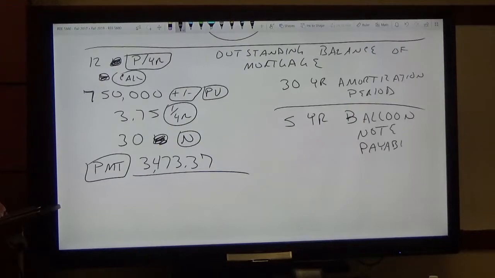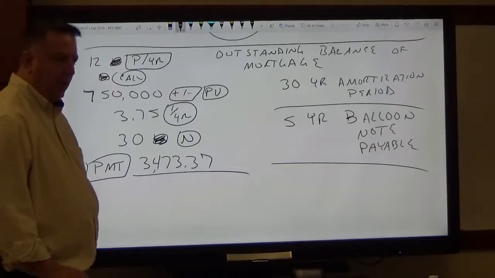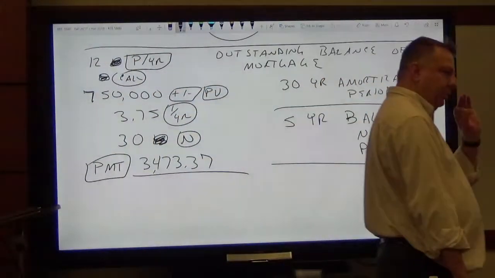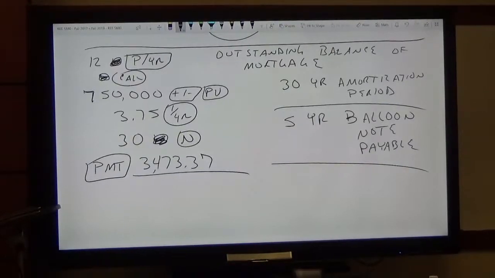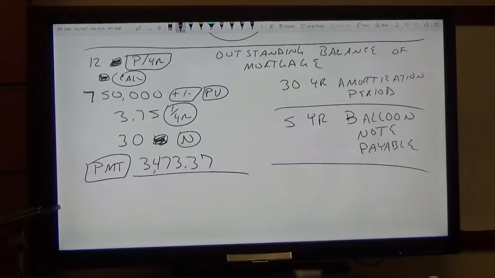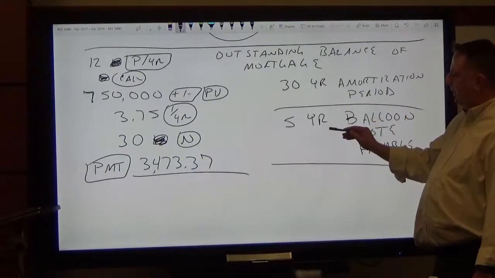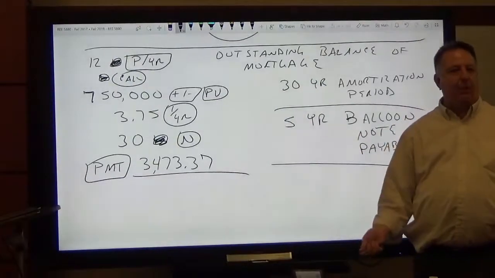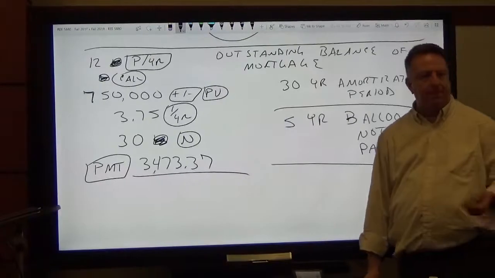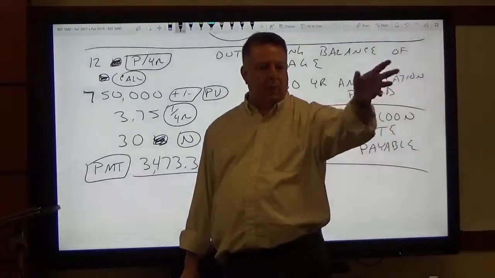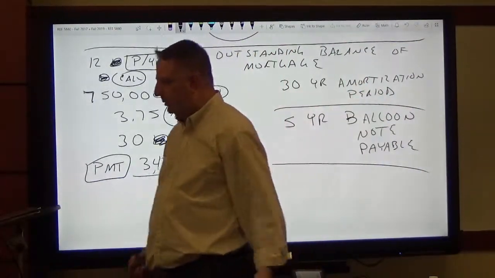What that means is that at the end of 5 years, on most commercial properties, not residential, you have to refinance or sell the property, pretty much your two primary choices. So at the end of 5 years, we need to know how much we have left that we have to pay off or refinance. This is going to get into part of what you were talking about in terms of cashing out, and we'll talk a little about that.